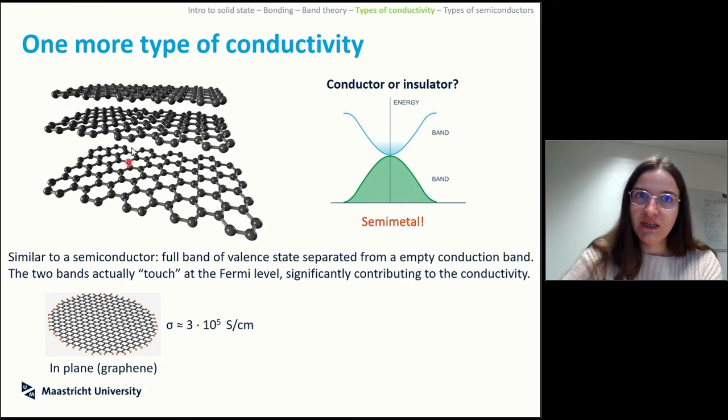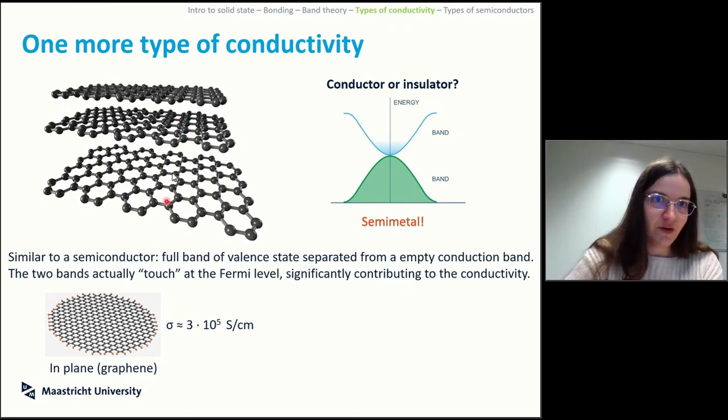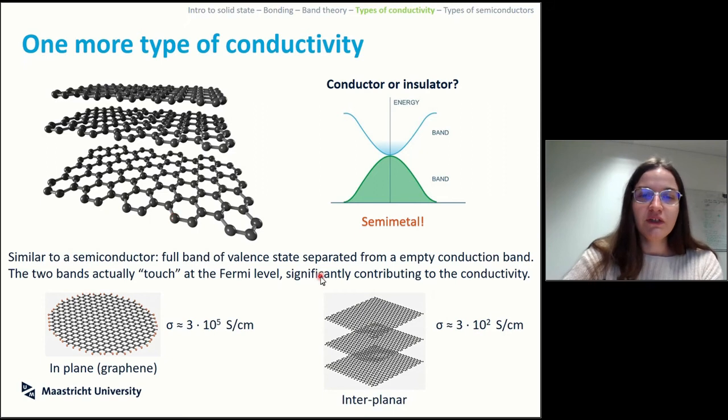But between different layers of graphite, the situation is different: the distances are different, the bonding arrangement is different, and the quality of the bonds is different. So when you try to conduct between the planes of graphite, you find yourself with a completely different situation. The conductivity is orders of magnitude lower, in Siemens per centimeter, which is usually the measure of conductivity.